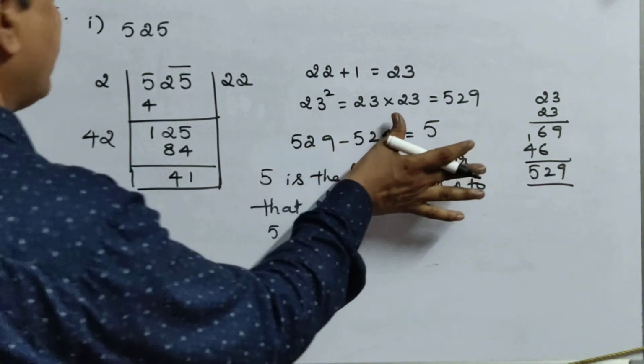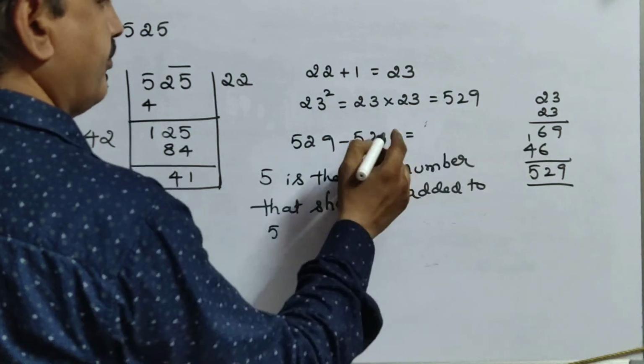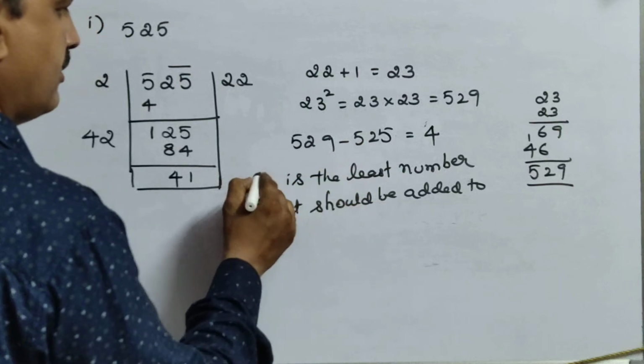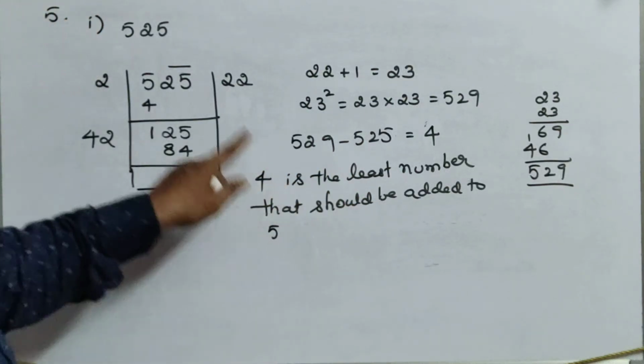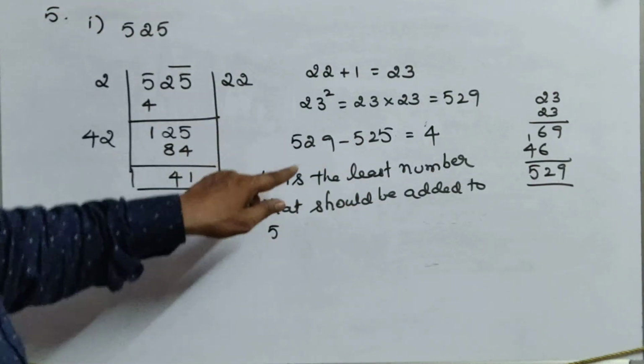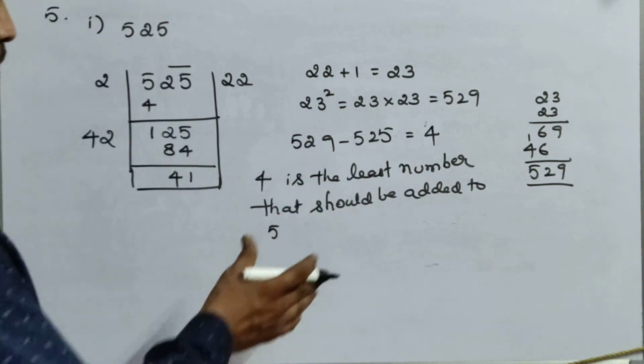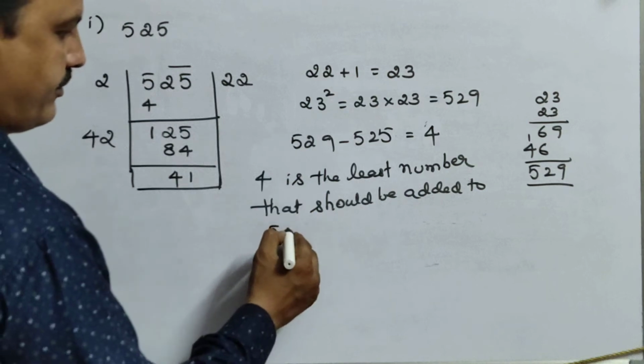Children, the question is 525, no? Sorry. 9 minus 5 is 4. So the question is 525. So 4 is the least number that should be added to 525.